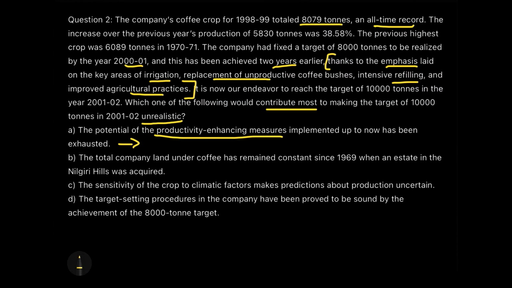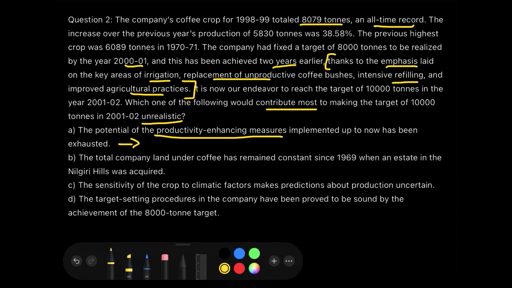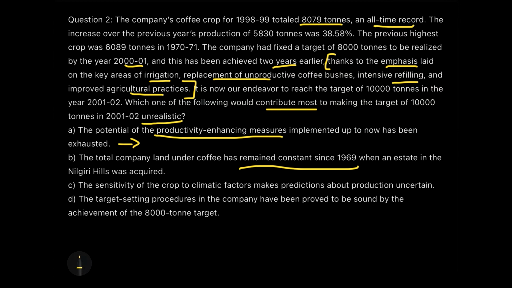Option B. The total company land under coffee has remained constant since 1969, when an estate in Nilgiri Hills was acquired. Now, can I tell you one thing? The land has been constant since 1969, and you see that the company has been increasing its production over 70, 71, 98, 99, 2000.